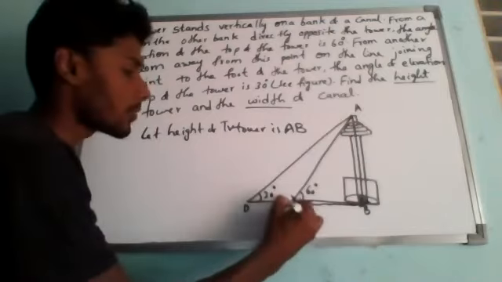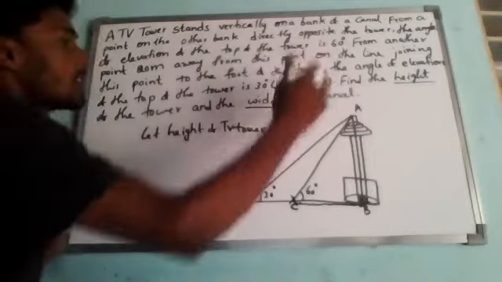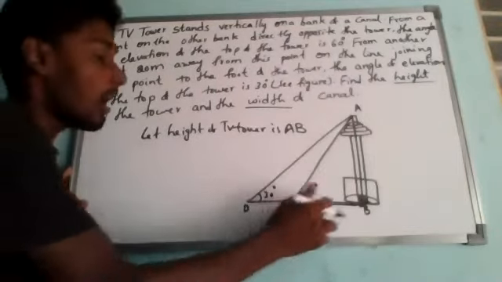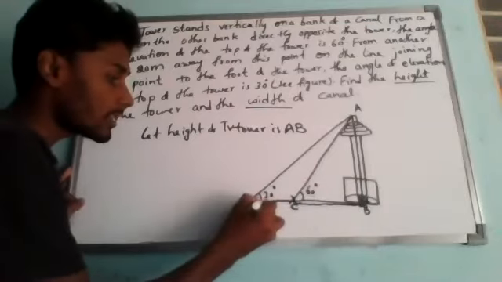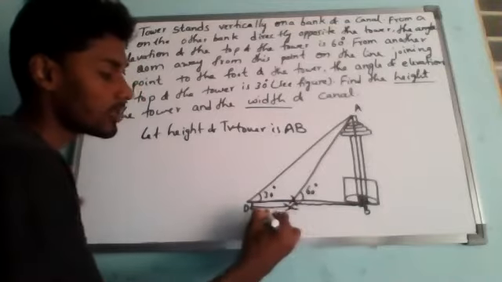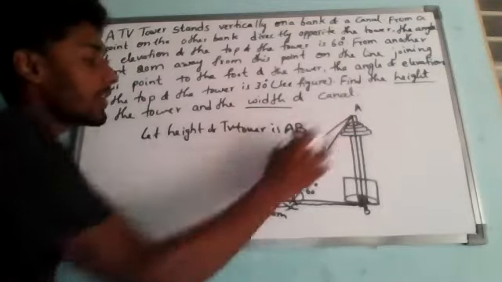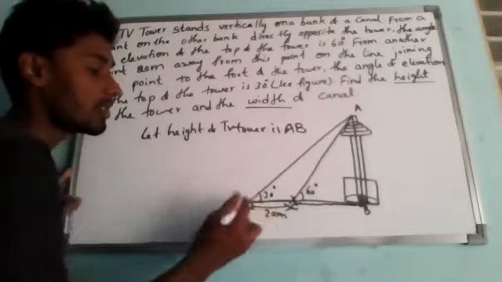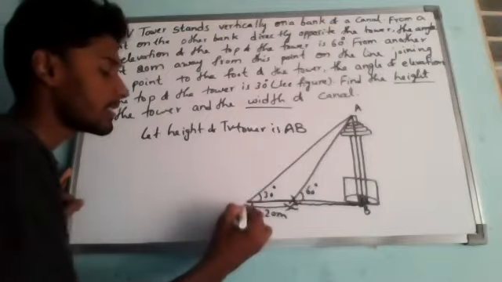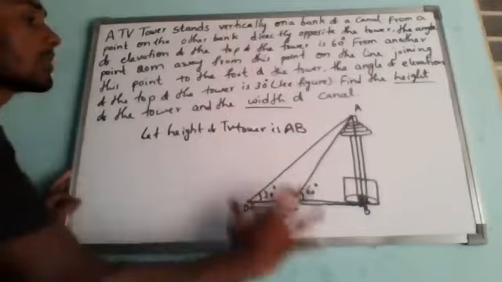So let me imagine this point is C. Now, 20 meters away from that point C, the angle of elevation to the top of the tower is 30 degrees. Let me imagine this point is D. These are the things they have mentioned in the question.